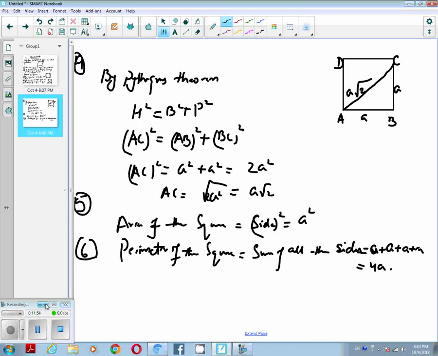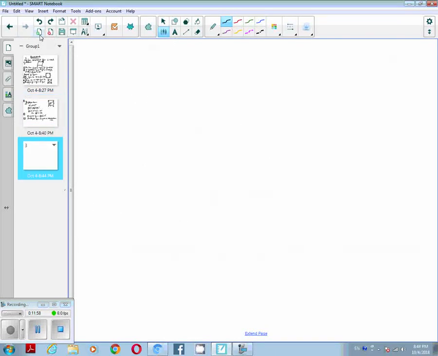Now we come to the properties of rectangle. Let's draw a rectangle.